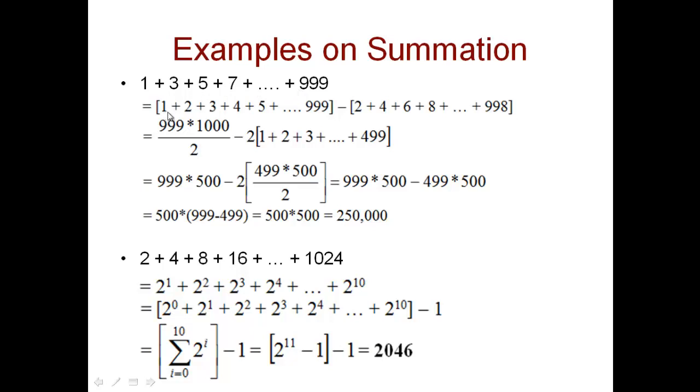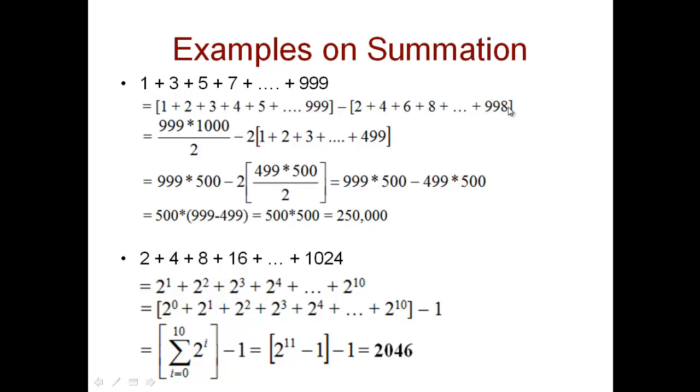So it is 1 plus 2 plus 3 plus 4 plus 5 plus 6 up to 999. This is a math trick that you commonly use. You have introduced or added some numbers, so you have to subtract those numbers. So minus all the even values that you introduced: 2 plus 4 plus 6 up to 998.